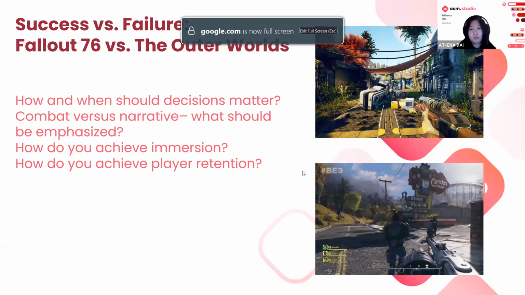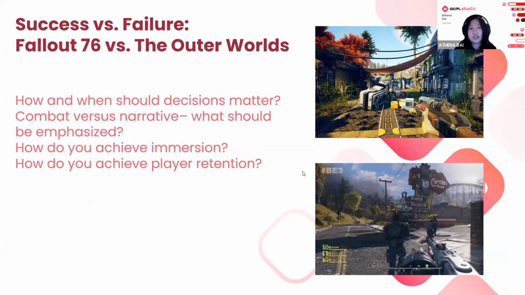So, when should decisions matter in games like this? What is the balance of combat versus narrative? And especially immersion and retention. If your game is 60 hours long and you want players to care about their role, how do you do that? And when does it fail and succeed? Cool.